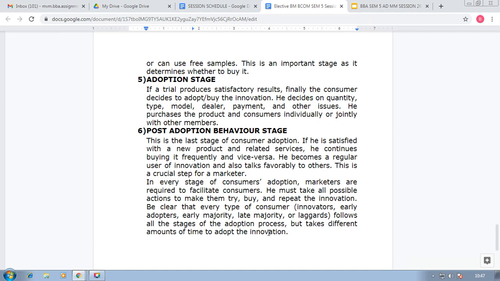So the consumers need to be clear in terms of innovations, in terms of the adopting style that why he has adopted, barabar. And ultimately the seller or the marketer try to convert all of the consumers into first time consumers or into regular users, બરાબર.